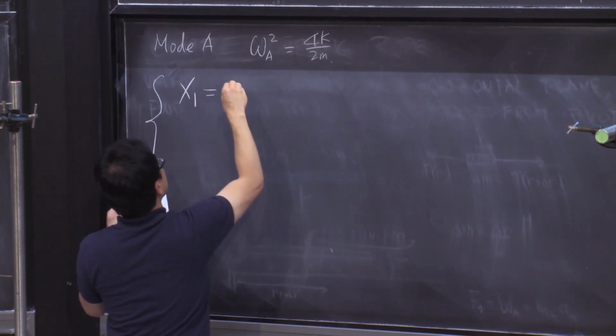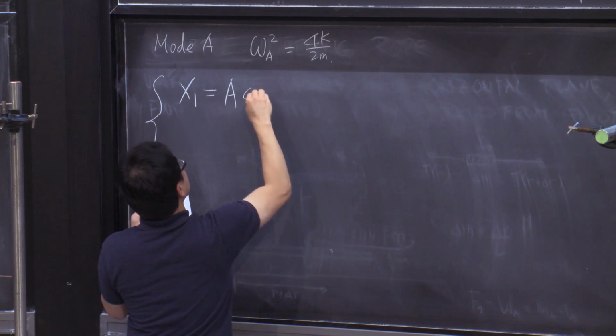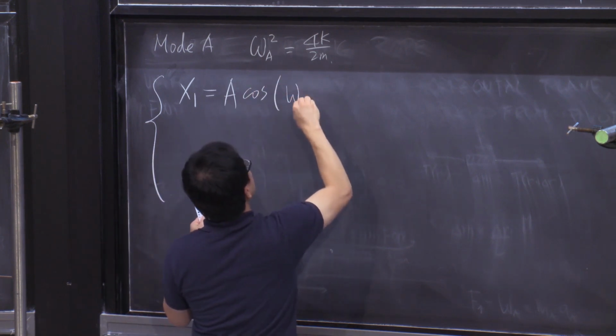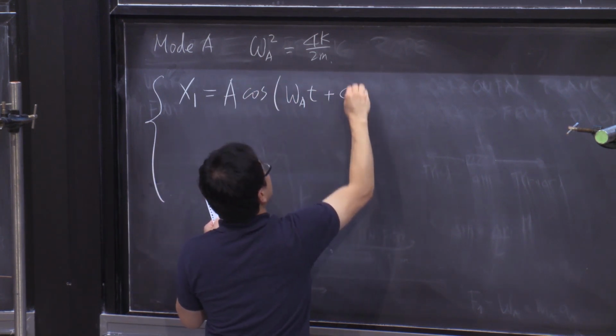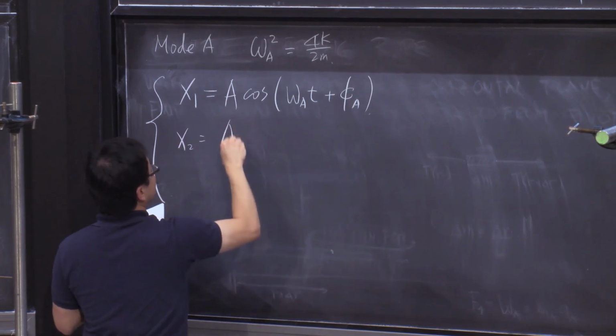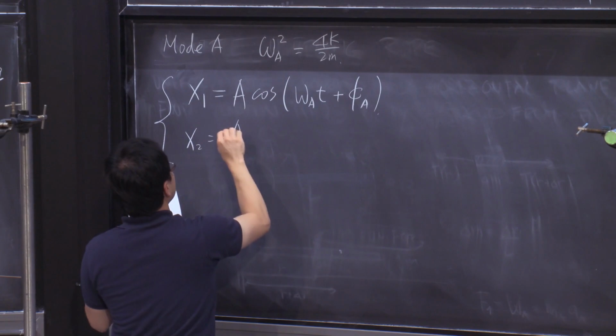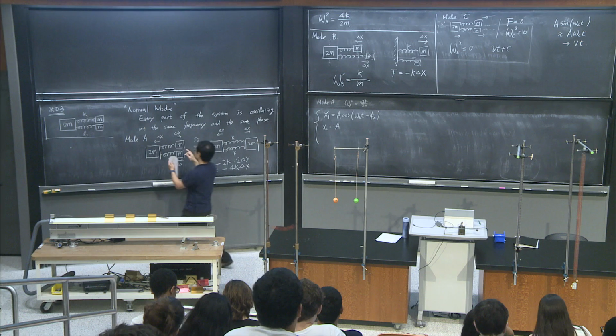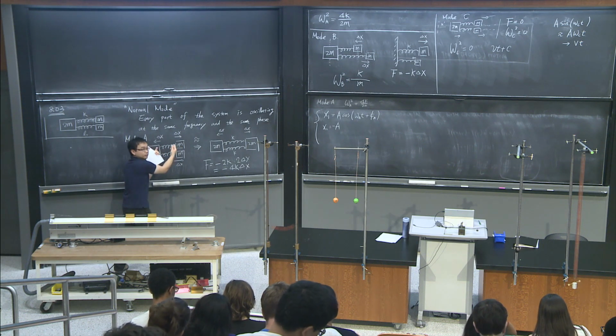x1 equals A cosine(omega A t plus phi A). x2 is equal to minus A, because they have a different sign, right?